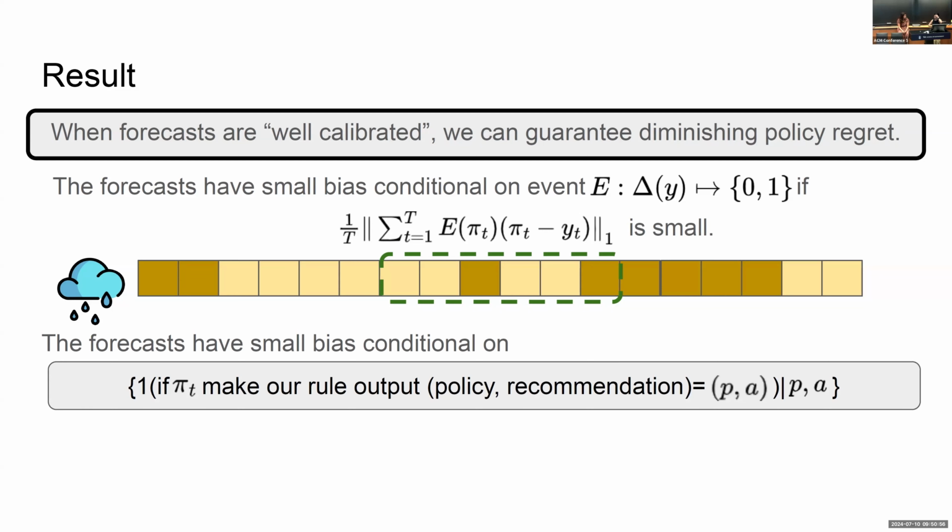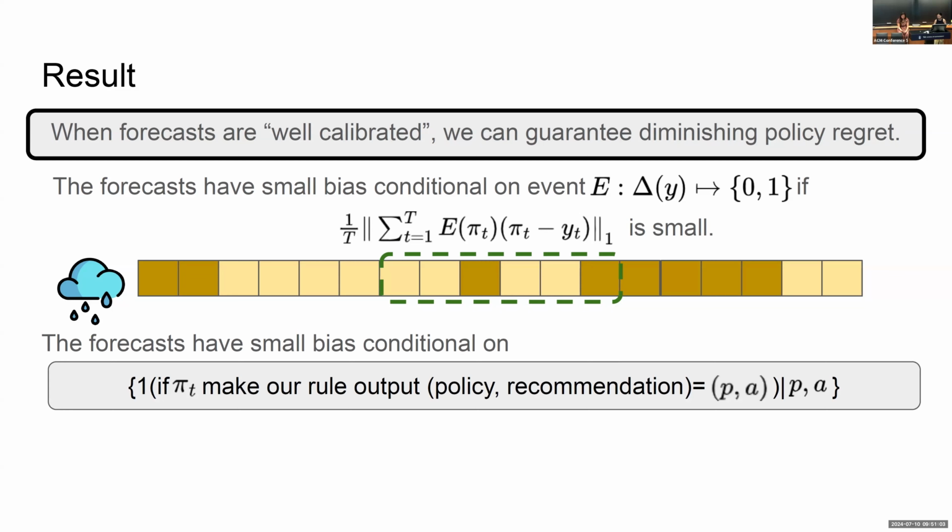Then we say the forecasts are well calibrated in our theorem, conditional on the following events. First, for any policy P and action A, if pi t makes our rule output a policy and recommendation equal to P and A, then this defines an event. We enumerate all P and A, and that gives a set of events.